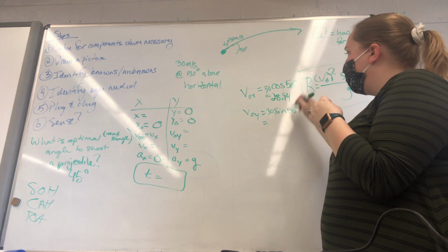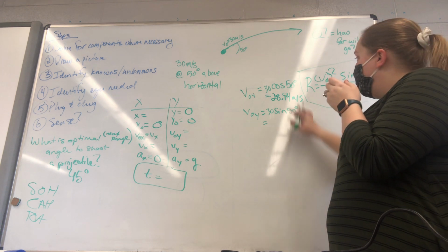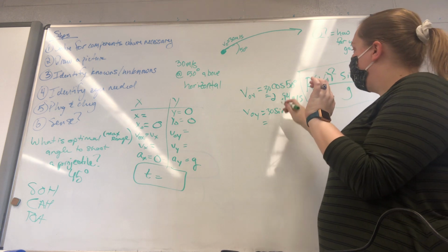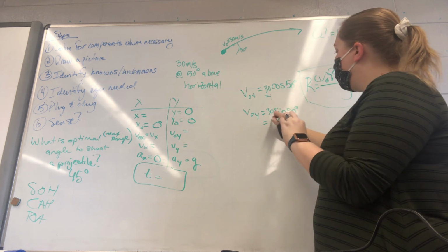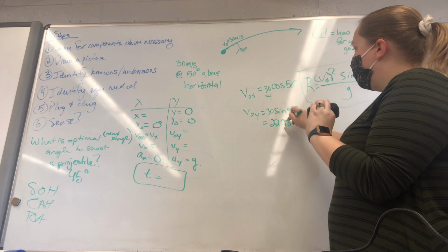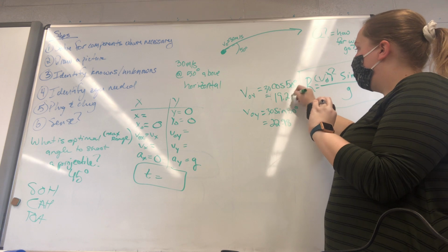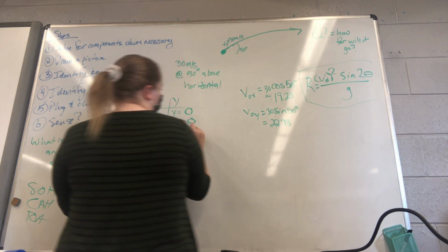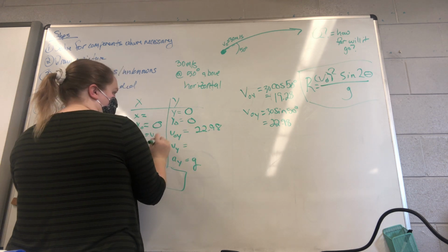Don't forget degree mode. Yeah, that's fine. For cosine, I got 19.28. For sine, I got 22.98. Okay, hold on. I was in the wrong place. All right. So plug them in. I'm really sorry about that.